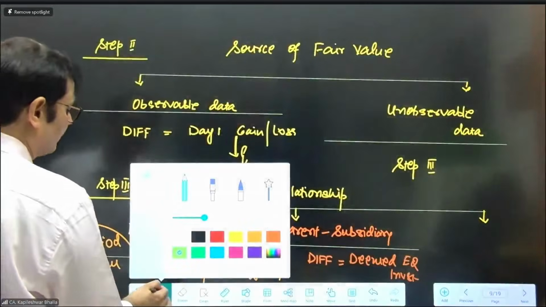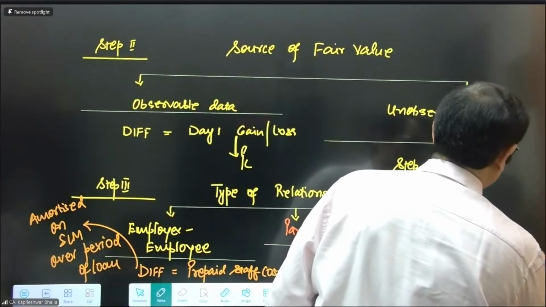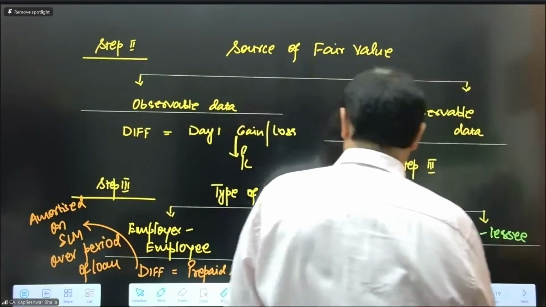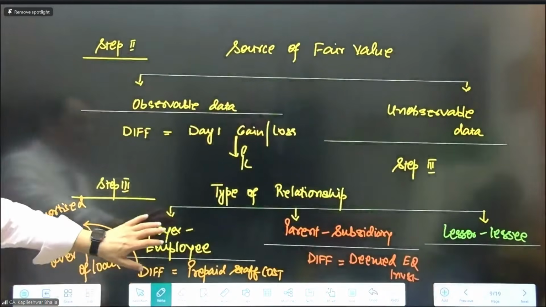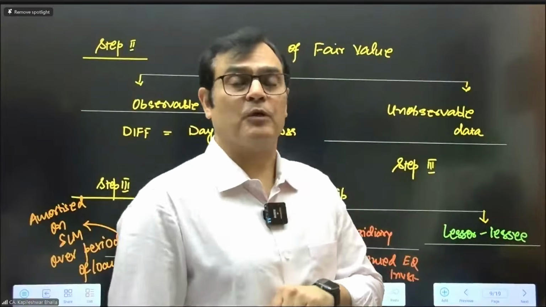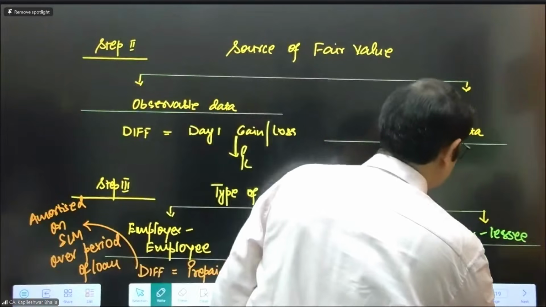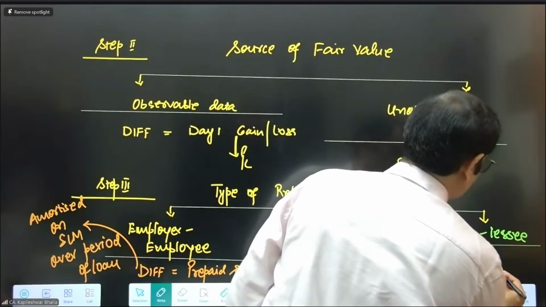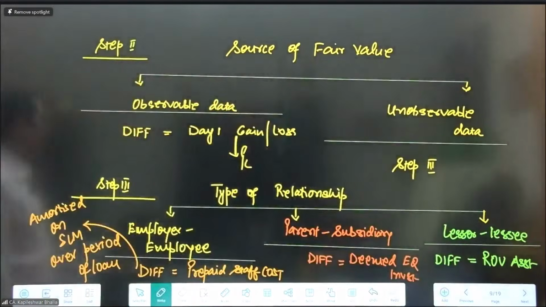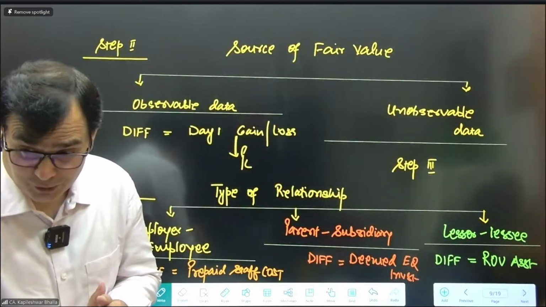The third category of relationship is the lessor lessee, where there is a security deposit. So employer-employee is a concession loan, and between lessor and lessee, it is a security deposit. In this case, the difference is treated as an ROU asset, amortized over the useful life of the ROU asset.